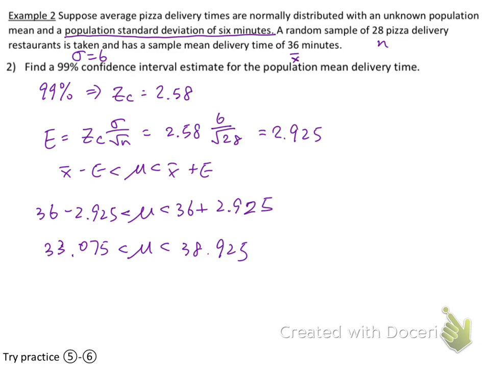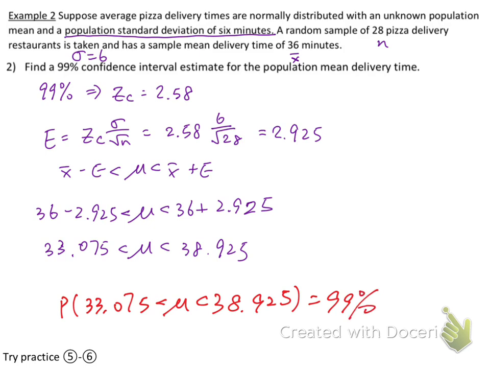That is the confidence interval. What it means is that the probability of this being true is 99%. That's what you are looking for. Okay, now you can finish the packet.